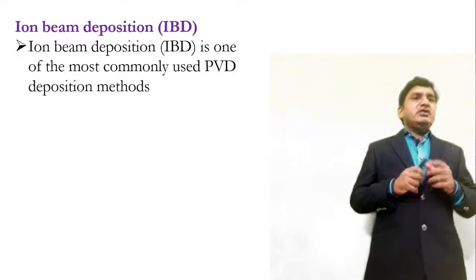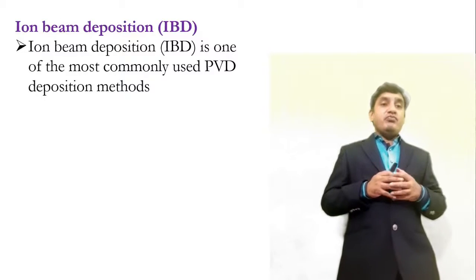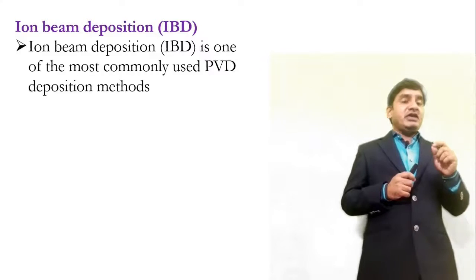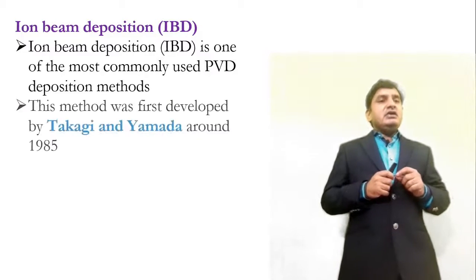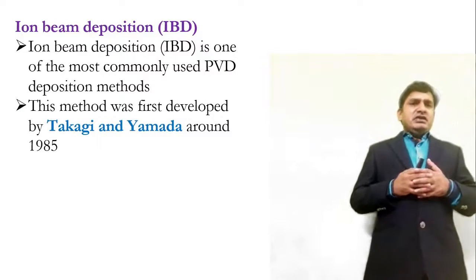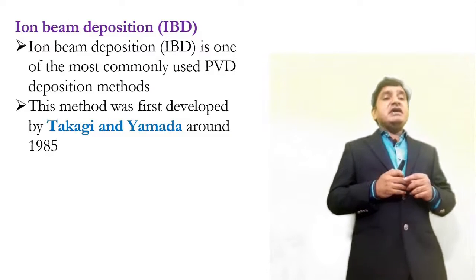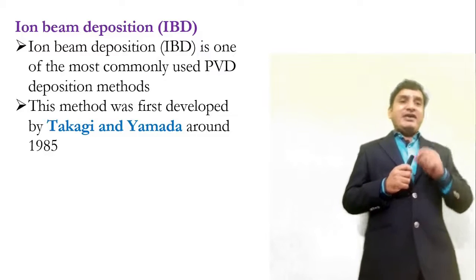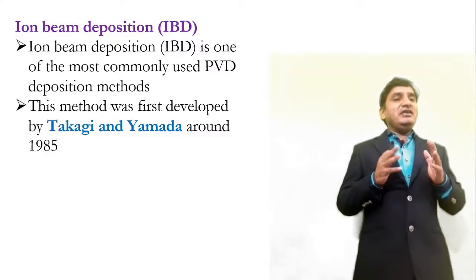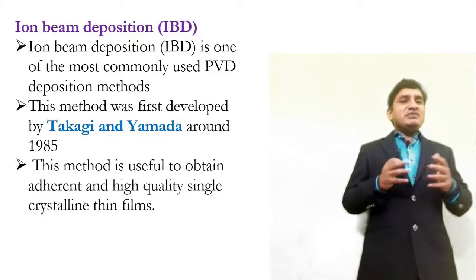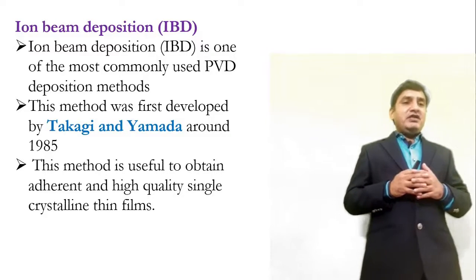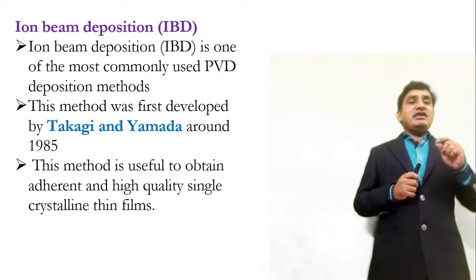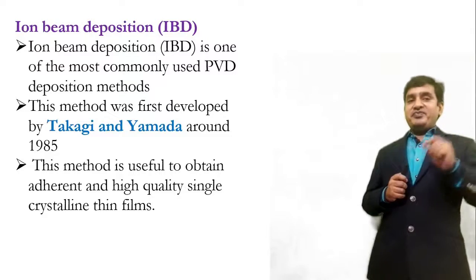Ion beam deposition. The ion beam deposition is one of the most commonly used physical vapor deposition techniques or methods. This method was discovered by the scientists Takagi and Yamada in 1985. This method is useful to obtain adherent and high quality single crystalline thin film.